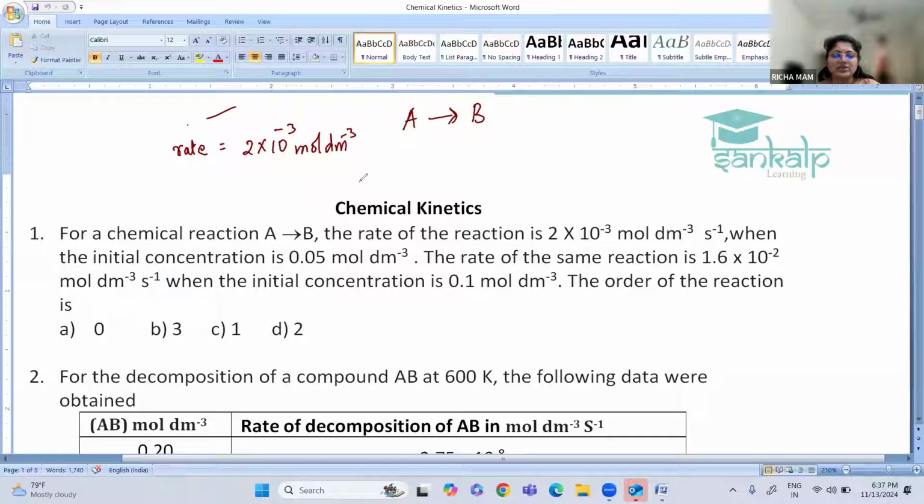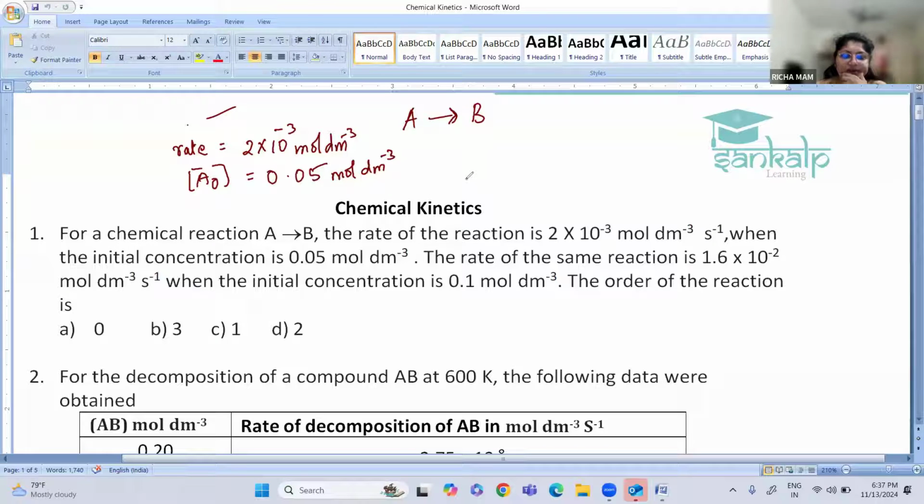How do we write the initial concentration? A naught is the initial concentration, which is given as 0.05 mole per dm cube. So the rate of the same reaction is 1.6 into 10 raised to minus 2 mole per dm cube per second, when the initial concentration is 0.1 mole per dm cube.